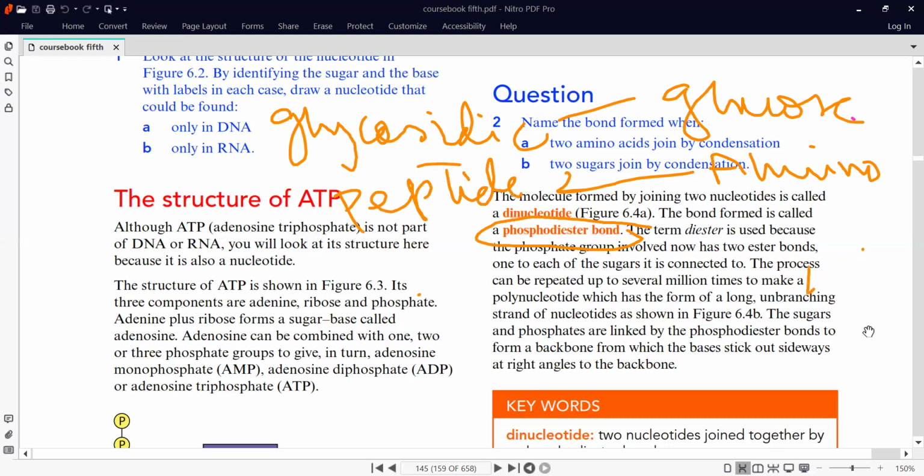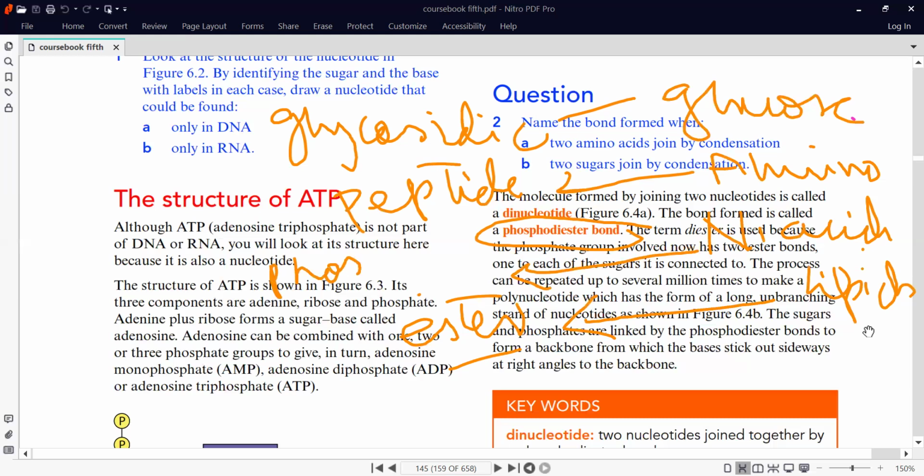In the lipids, alcohol, ethanol, and the fatty acid are connected with the help of an ester linkage or ester bond. Here in the nucleic acid, we have the phosphodiester bond. Phospho in between and both sides connected with an ester bond.